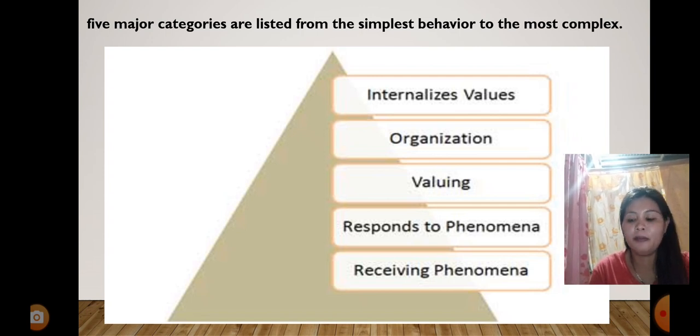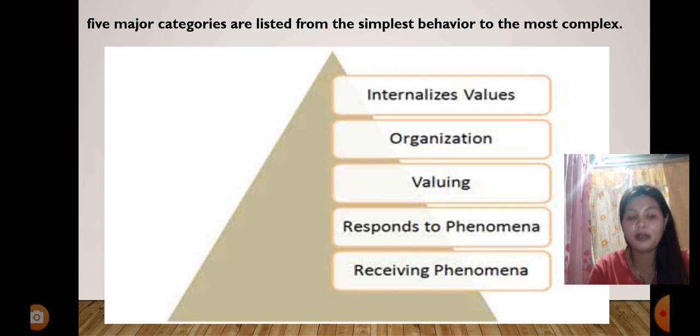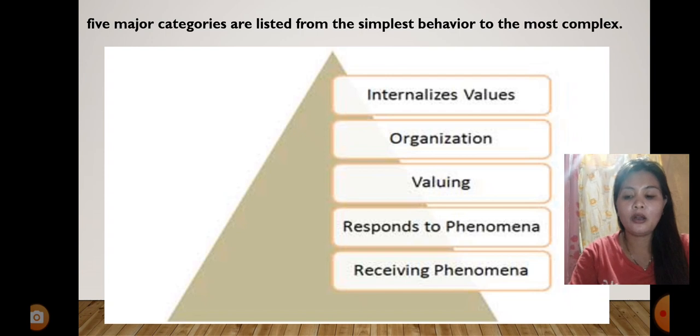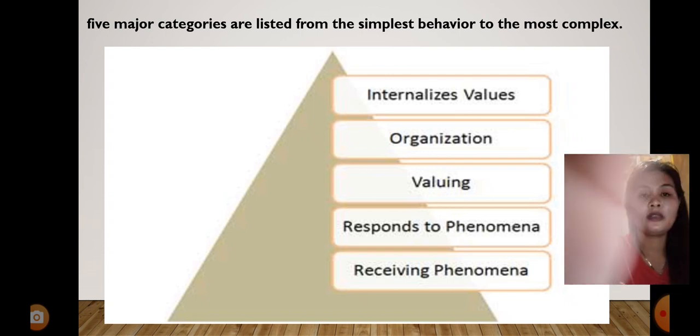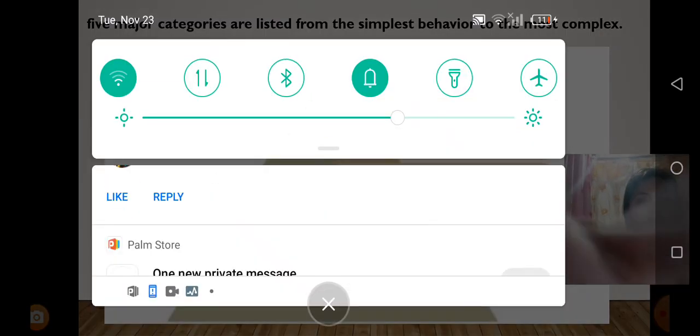And we have organization: organize values into priorities by contrasting different values, resolving conflicts between them, and creating a unique system. The emphasis is on comparing, relating, and synthesizing values.